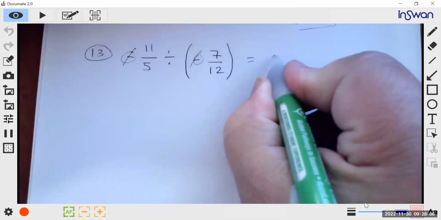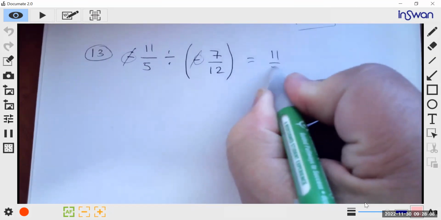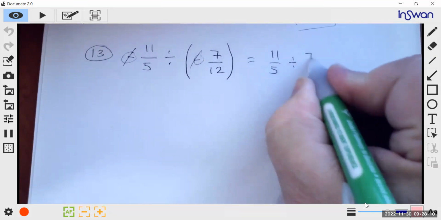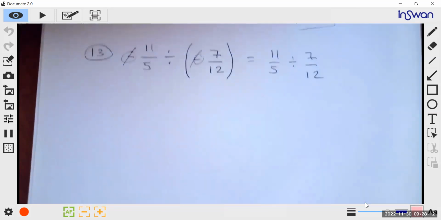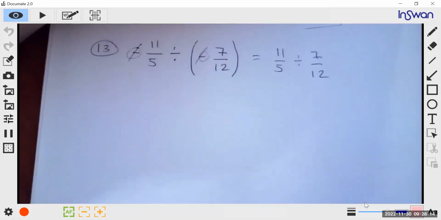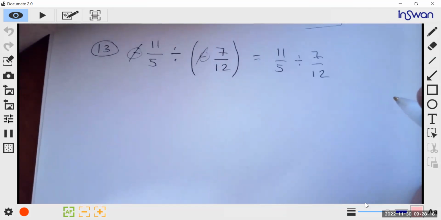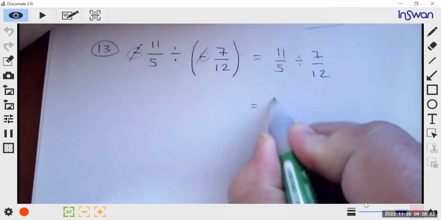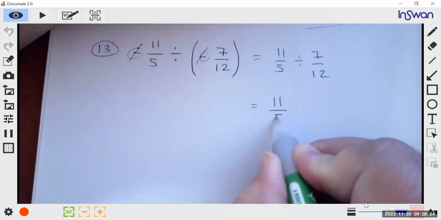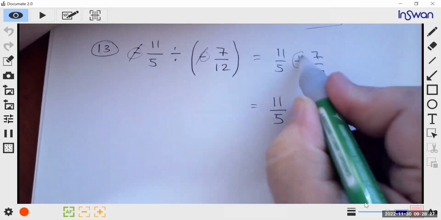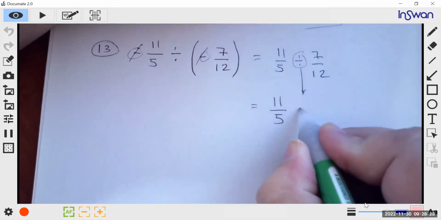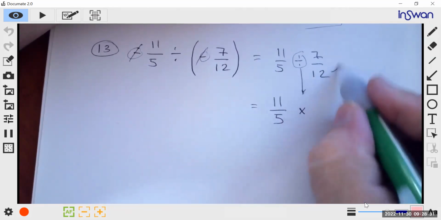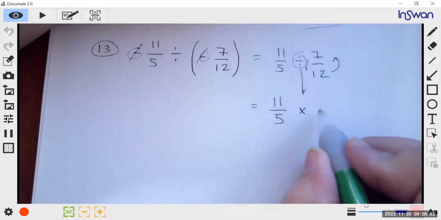So what we have right now is 11 over 5 divided by 7 over 12. Now we have to put it into a form that we can work with. Leave the first one alone, change that to multiplication, and flip the second one.